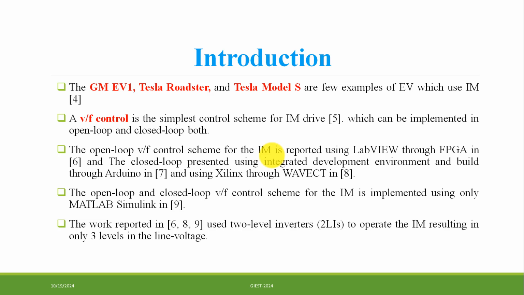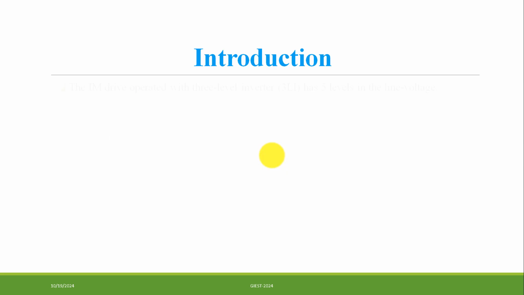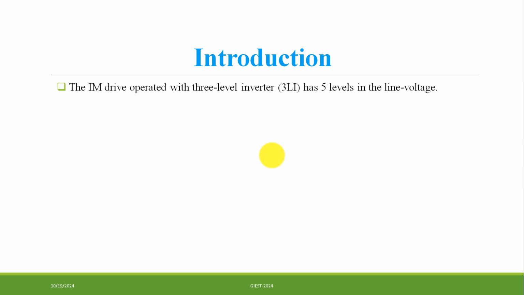The work reported in 6, 8 and 9 used two-level inverters to operate the induction motor, resulting in only 3 levels in line voltage. The induction motor drive operated with a 3-level inverter has 5 levels in line voltage.